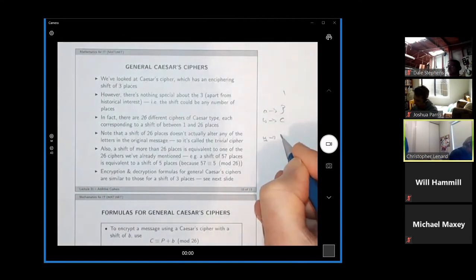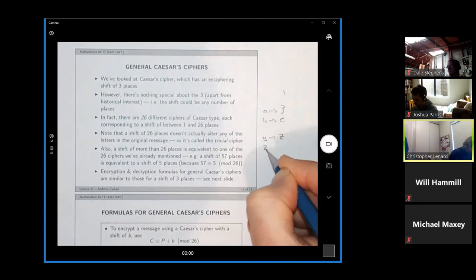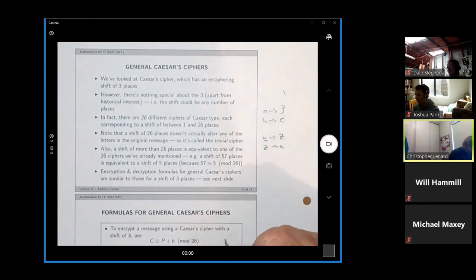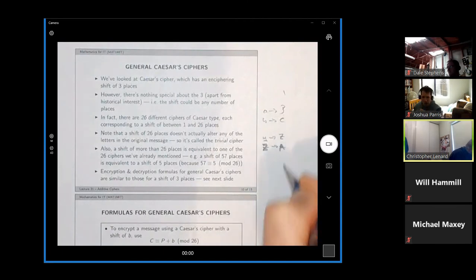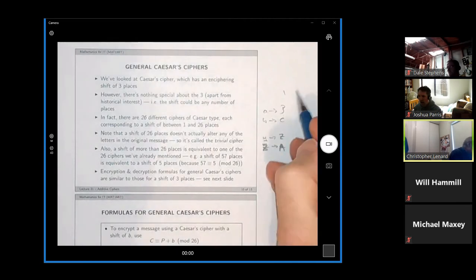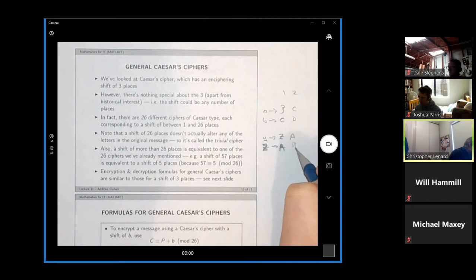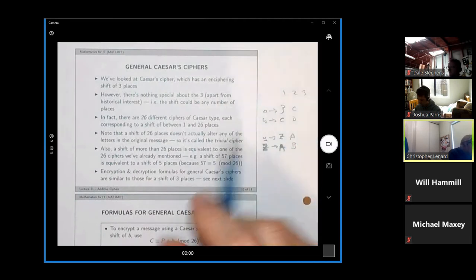Y would become Z, and Z would become A. Capital Z would become little a. Or you could shift 2 spots, so A would become C, B would become D, Y would become A, and Z would become B. Or you could shift forward 3 spots, or 4, or 5, and so on.